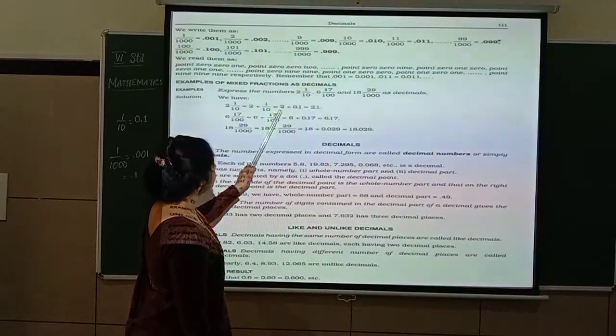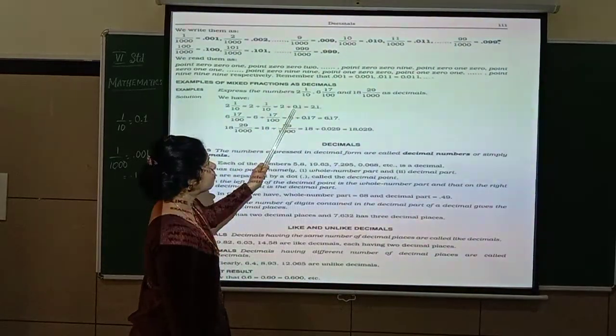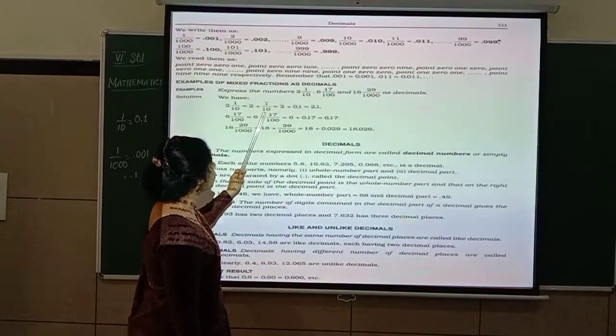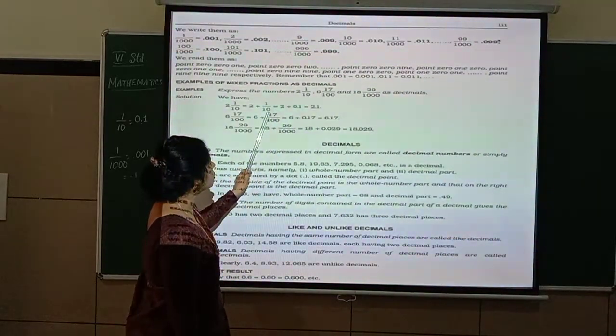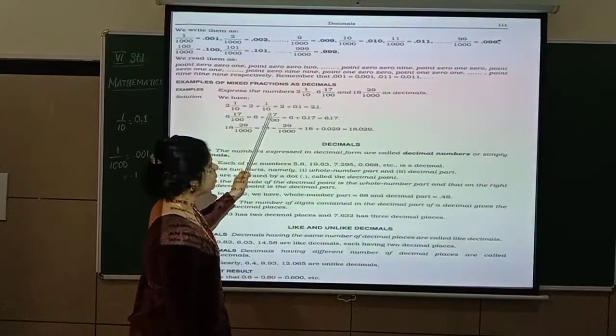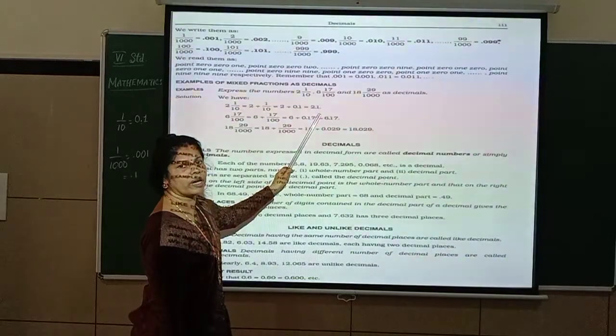That is equal to 2, the whole number as it is. And what is the 1 by 10th value? The 1/10th value is 0.1. I told you, remember now? In place of 1 point, in place of this 0, 1. Because 1 is there. Clear? So when you add these two, how much does it come? 2.1.